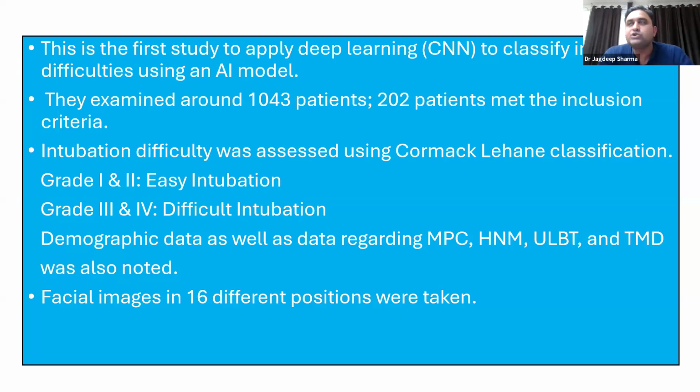Grade 1 and grade 2 CL grades were easy intubation, and grade 3 and 4 were difficult intubation. Clinical data was used in the form of Mallampati grade, head neck movement, upper lip bite test, and thyromental distance. In addition to this, they used facial images in 16 different positions.